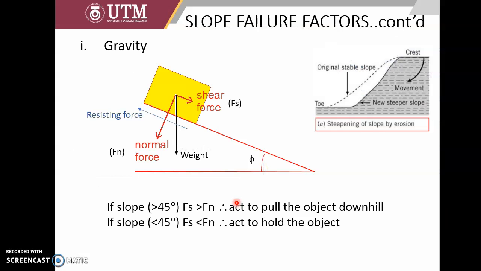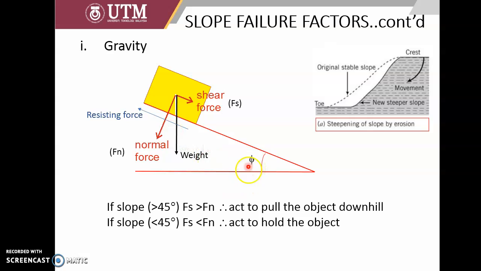Alright, for gravity, when we have let's say a loading, we assume this one as the slope area that wants to slide down. Okay, wants to slide down. So the shear force is usually resisted by the shear strength.